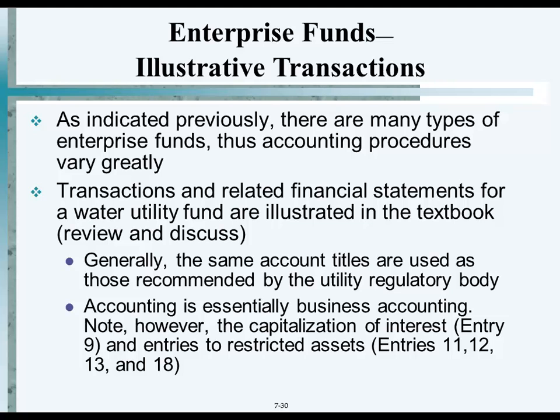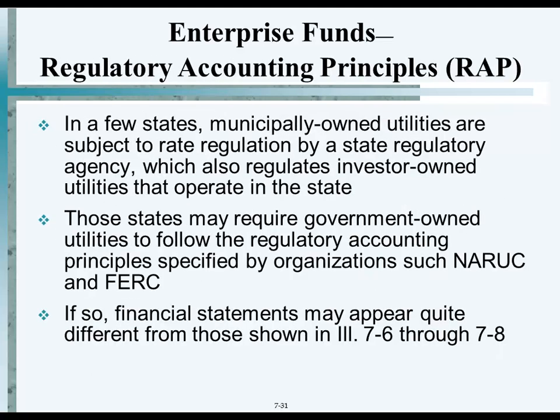We talked about this, basically some of the things we talked about. By the way, remember I was telling you about the federal organizations for utility? That's the NARUC and Federal Energy Regulatory Commission. Those are the two organizations that utilities need to follow for some of their accounting principles.